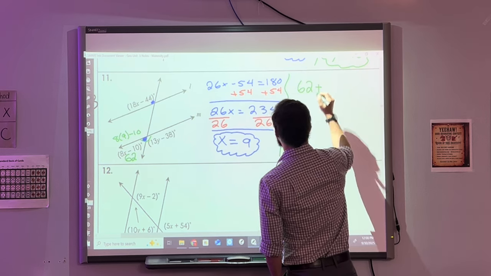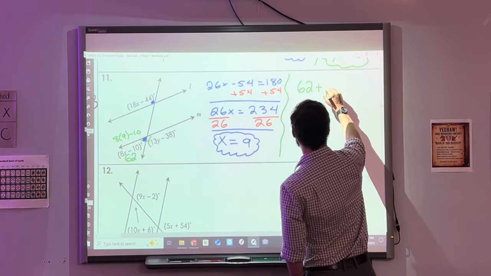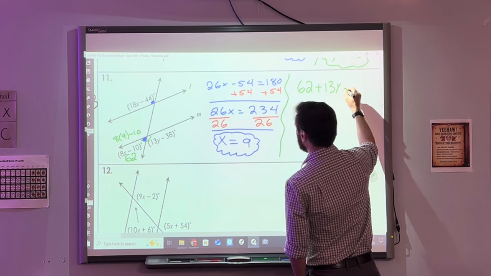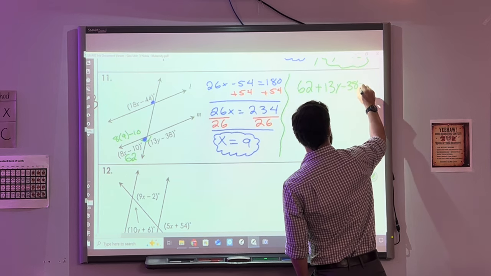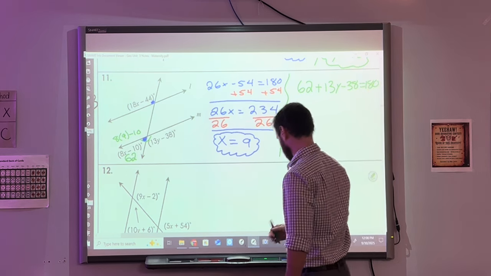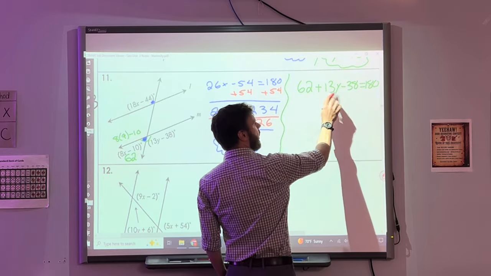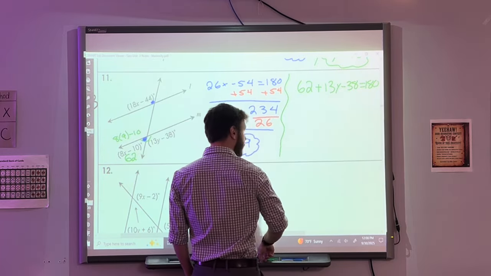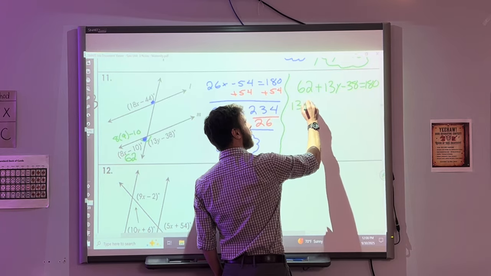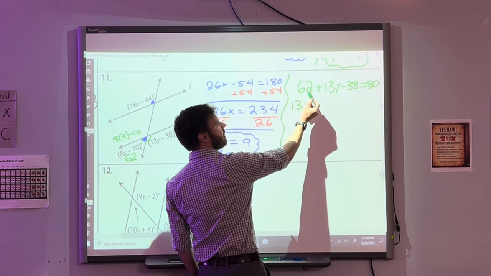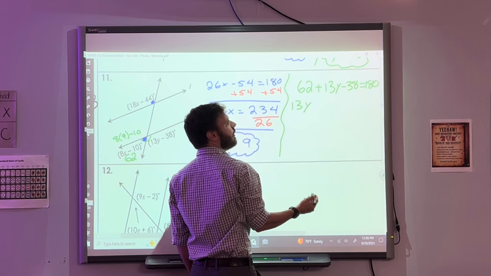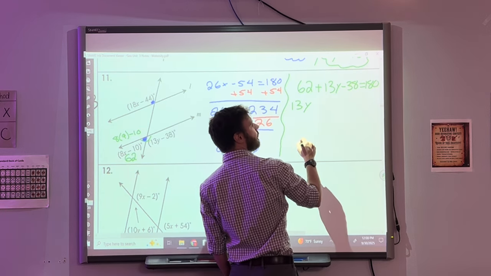62 plus 13y minus 38 equals 180. Okay. 13y is all alone. I can't really do much with that. But I can combine 62, take away 38. I believe that is 24.